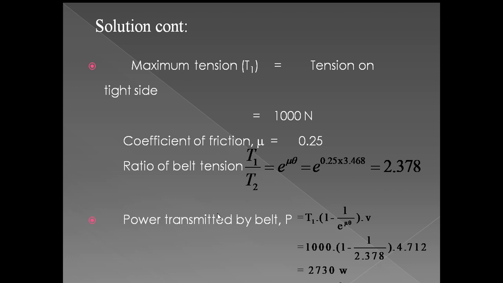The maximum tension is the tension on the tight side, that is 1000 newtons. The coefficient of friction mu equal to 0.25.